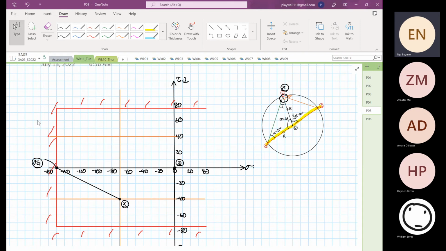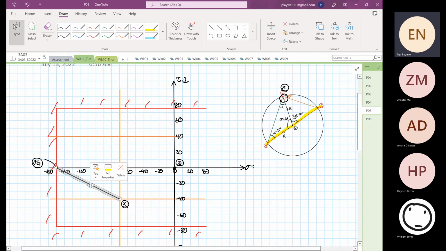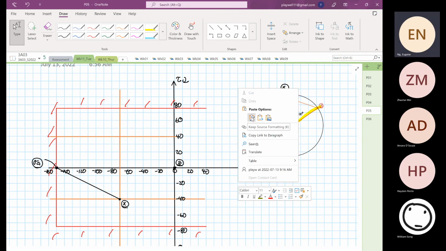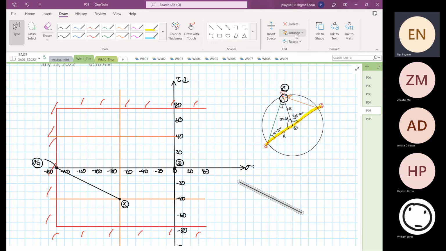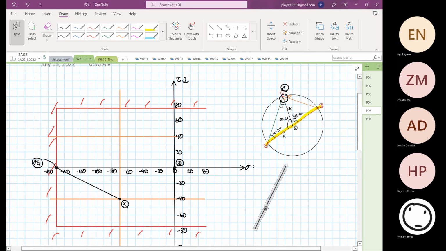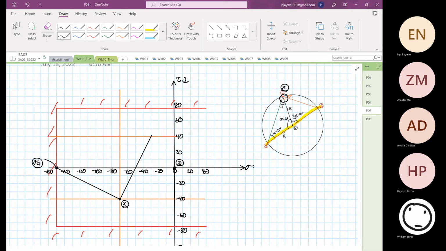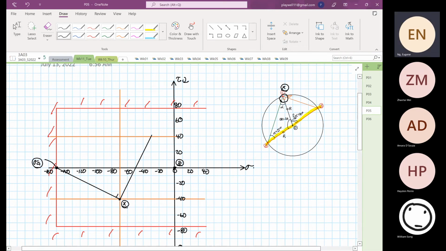Okay, so let me show you what I mean by that. Construct 90 degrees. So I copy this and I paste. And then I just need to rotate this by 90 degrees. And we know that this is our 90 degrees line. Over here, this is the other principal stress.